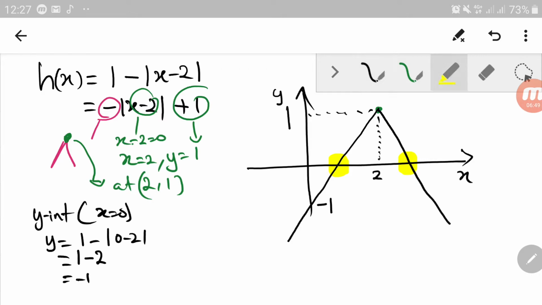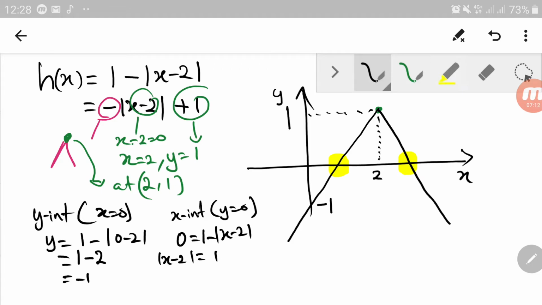Now you see the 2 places I've highlighted in yellow. These x-intercepts we need to find as well. The x-intercept is when y equals 0. So 0 equals 1 minus the absolute value of x minus 2. I move it over there: the modulus of x minus 2 equals 1.